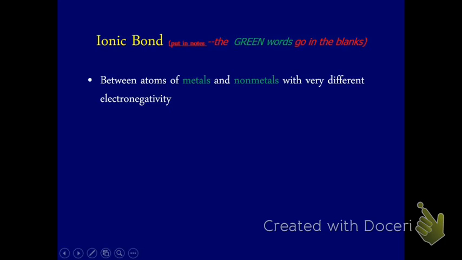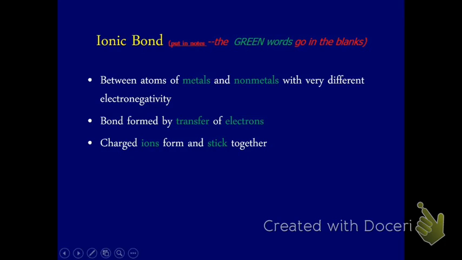And the electronegativity, again, is how much energy the electrons have. And this charge, this positive and negative attraction between the positively charged metals and the negatively charged nonmetals with the extra electron, causes the atoms to stick together and form this new compound.